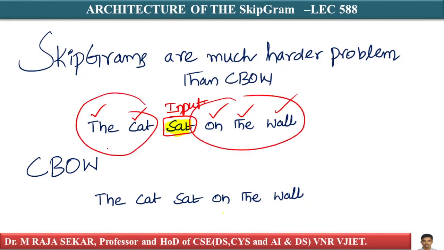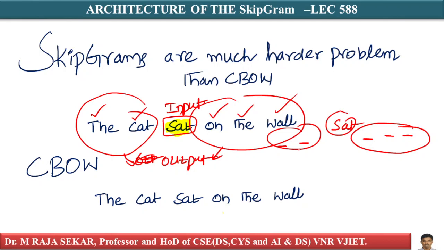It is something like you will give the input sat, and now you have to predict these many words: the, cat, on, the. This is a difficult task. By giving just one focus word, predicting these many context words is difficult even for humans.